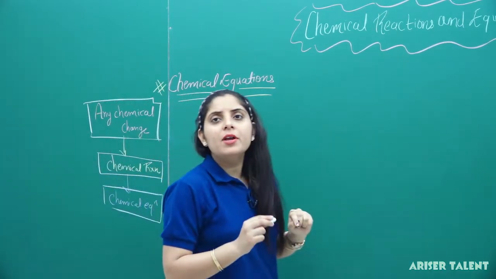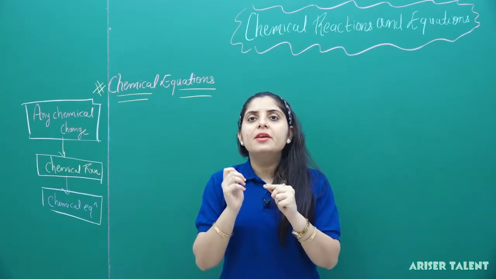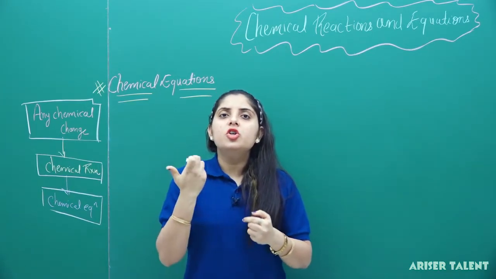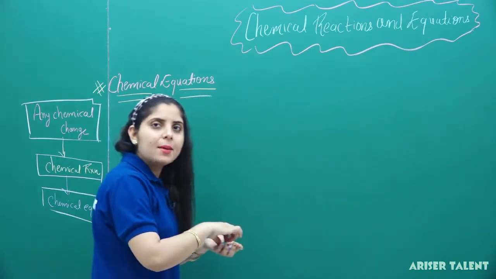So, now we are on our topic, that what actually chemical equations are. Chemical equations are basically the shorthand notations to express any chemical reaction. So, what is a chemical equation?